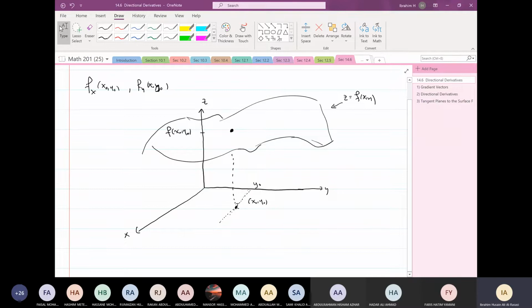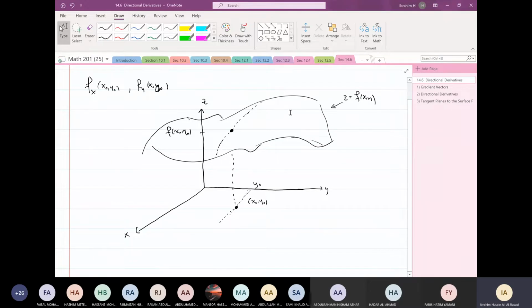I am moving parallel to the x-axis through x0, y0. Now these points, what are the images of these points? Their image will be in the surface. There will be a curve. So I have a curve on the surface.